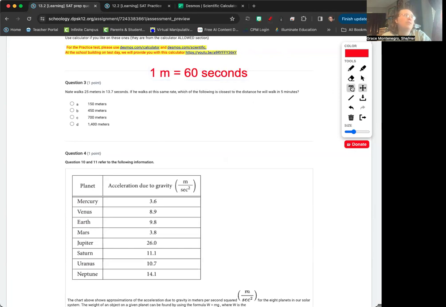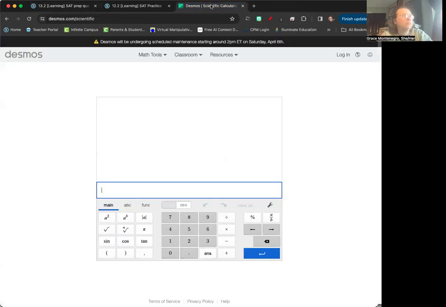We need to get a unit rate. So 25 in 13.7 seconds. Yeah, dividing 25 by 13.7 will break that 25 down into 13.7 boxes, giving us how many is in each box. 1.824.